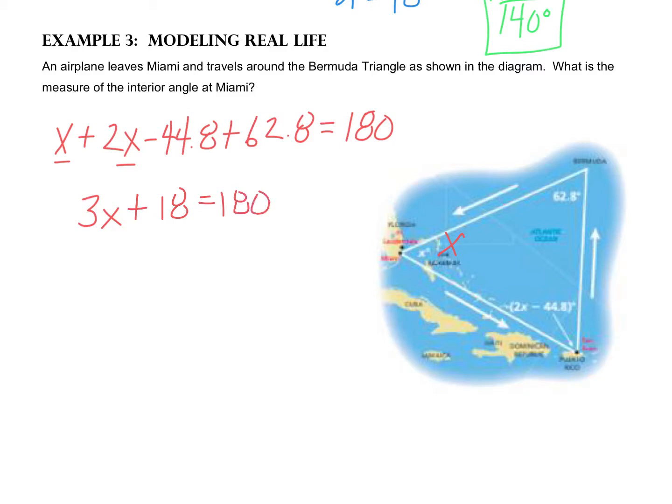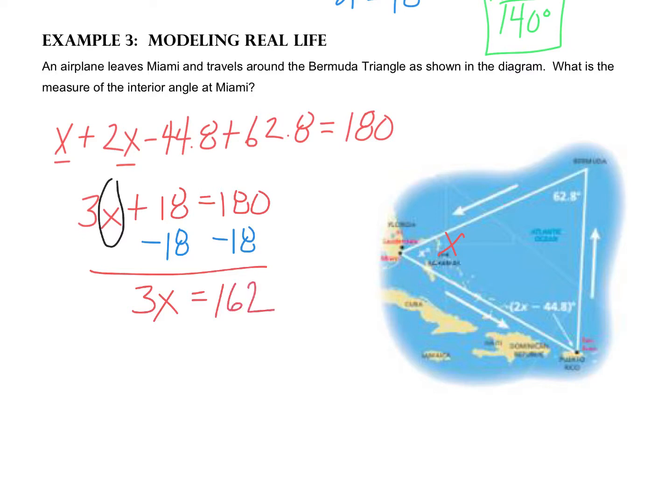equals 180. Now remember what we've said is we're solving for x. So going back to our SAD-MEG steps, we subtract to move the 18 first with that inverse operation. That will leave me 3x equals 162.